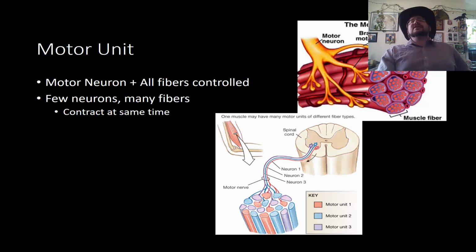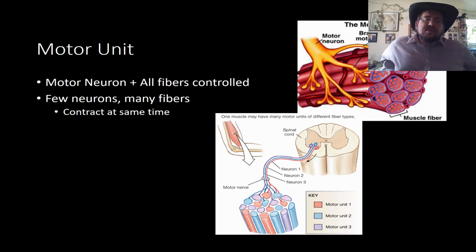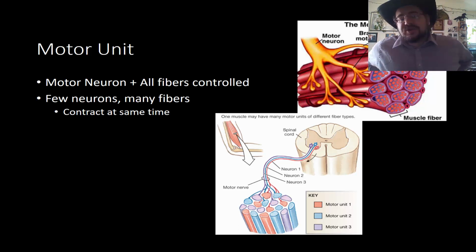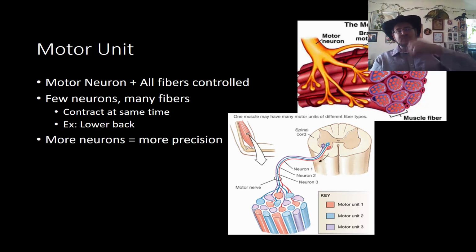If you contract it, it's hard to slightly contract it. When you contract it, if you can even feel the muscle, it all just sort of contracts at the same time. That's because you don't have a lot of neurons, but those neurons are connected to a large number of muscle fibers. So, boom. More neurons equals more precision.